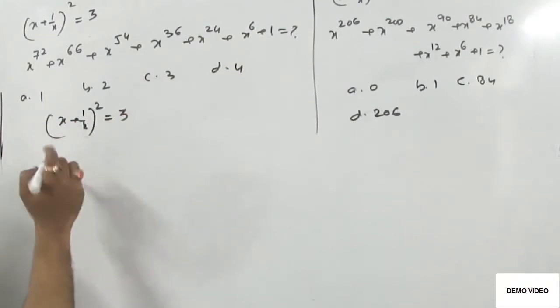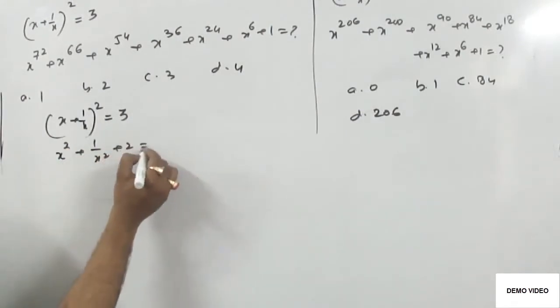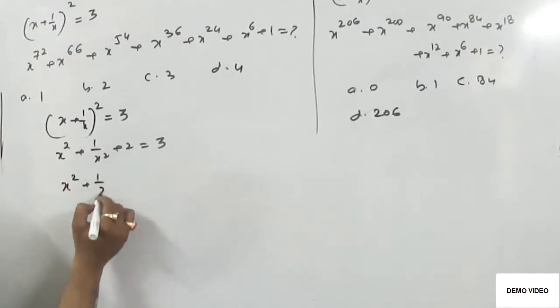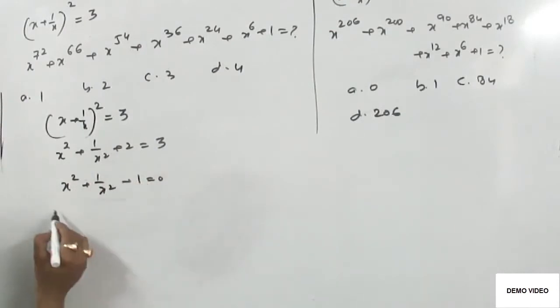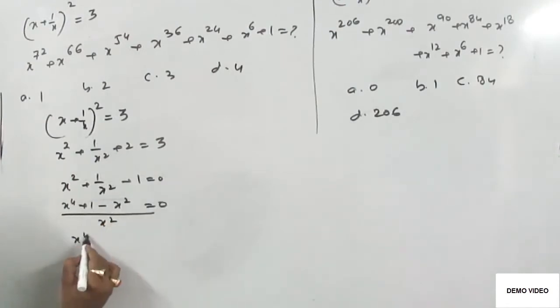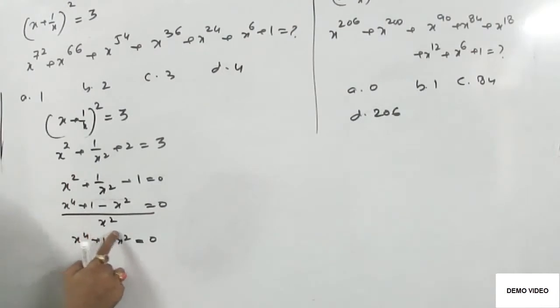The a cube plus b cube formula is (a plus b), that is x square plus 1, another bracket, a square, x square is x to the power 4, plus b square, 1 square, minus a into b, x square into 1. So we write the formula for a cube plus b cube: it is a plus b, one bracket, another bracket a square plus b square minus ab.